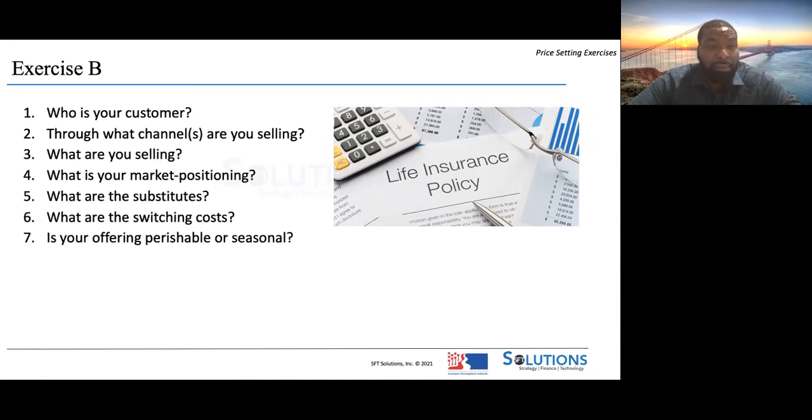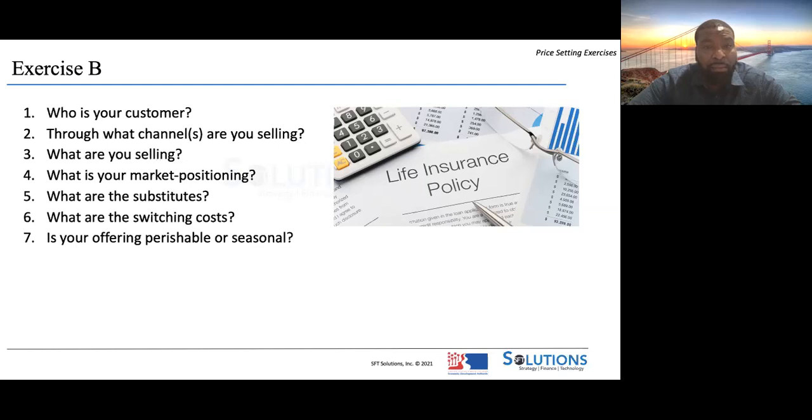So switching from, I just want to make sure I understand the concept. Switching from what? If you don't mind explaining that? Sure, from one life insurance policy to another. Okay. They could be significant, because depending on your age and your gender, it could be more, as well as your health.